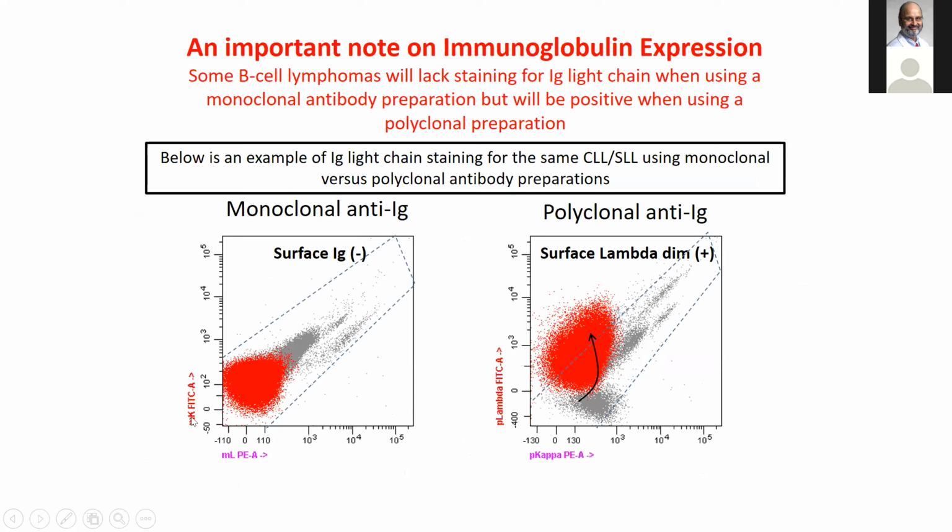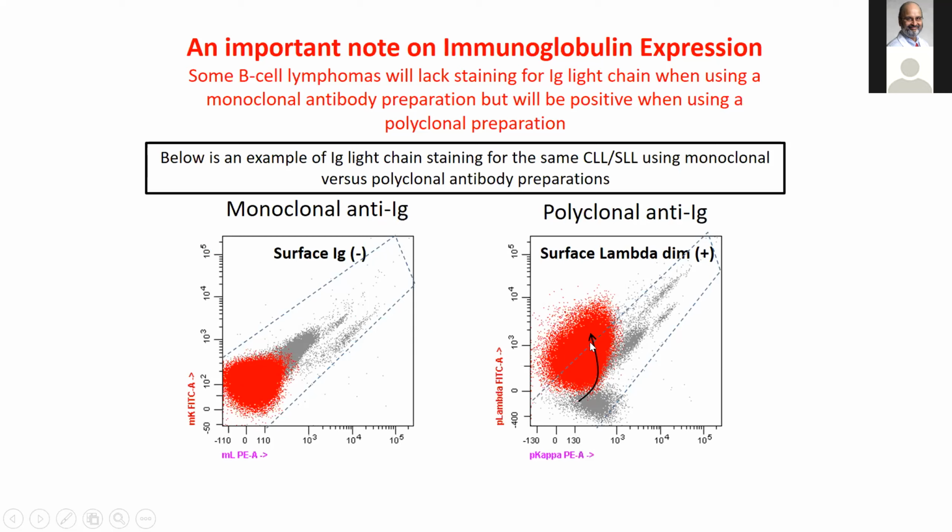And so here you can see a monoclonal preparation of kappa, a monoclonal preparation of lambda, and these cells are negative for surface immunoglobulin when looking at this plot. This is the exact same case, and we can see that this population actually does express dim lambda.